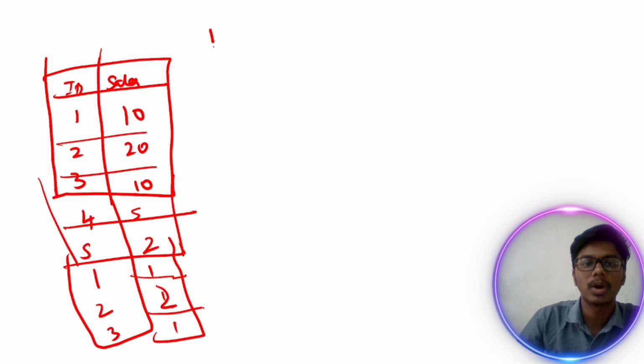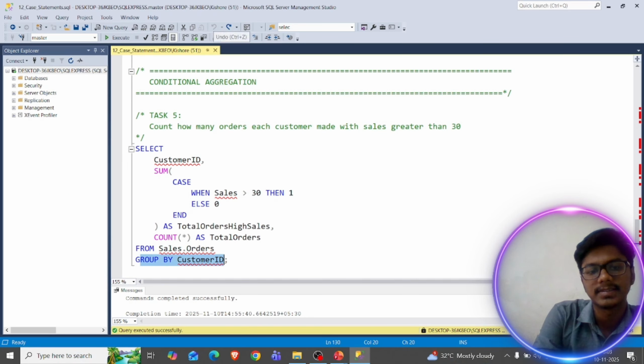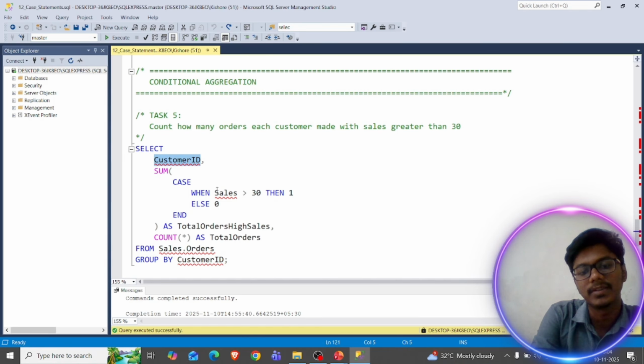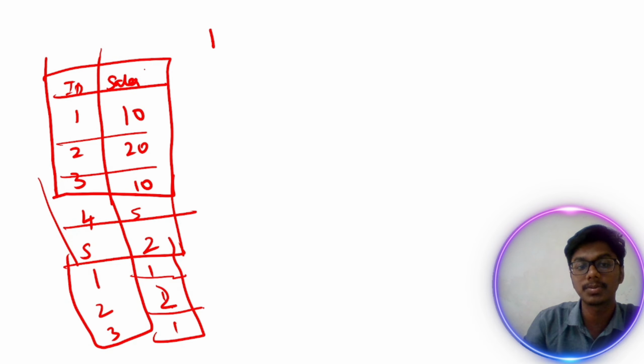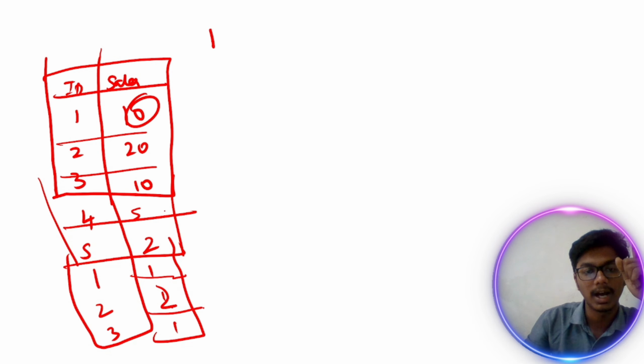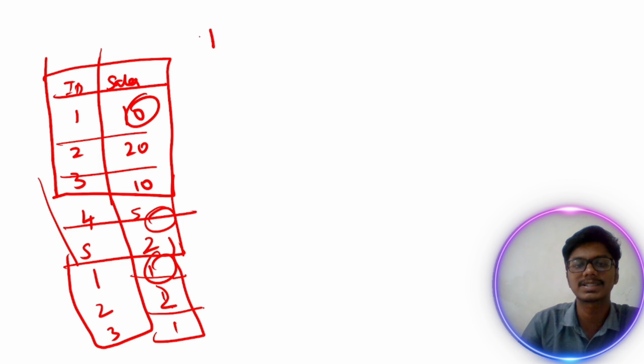What is the sales for 1? Let me check the select. I'm just selecting the customer's ID. When the sales is greater than 30, only then I want to print it as true. Here customer's ID 1 is 10, and again 11. That's all about customer's ID 1.